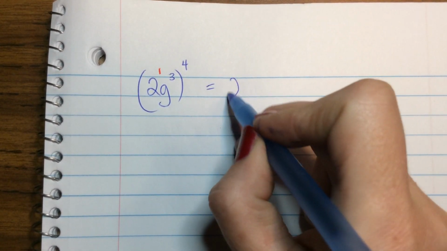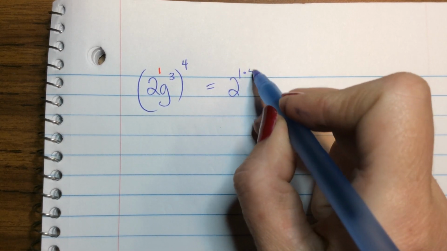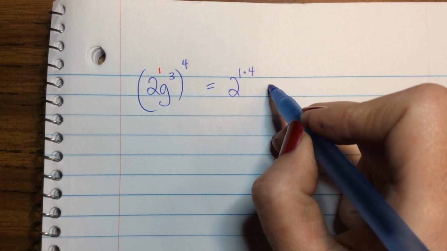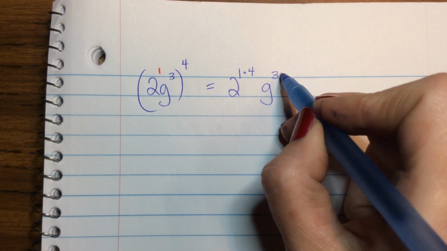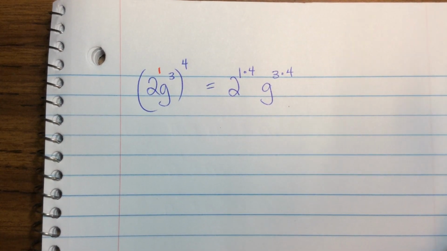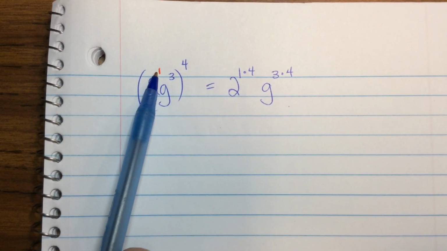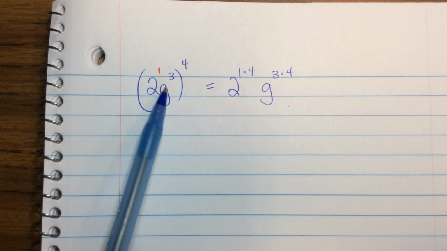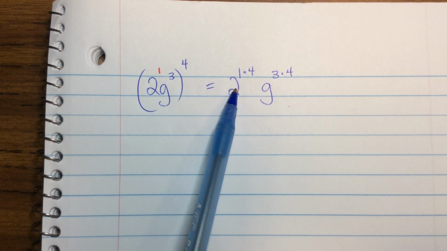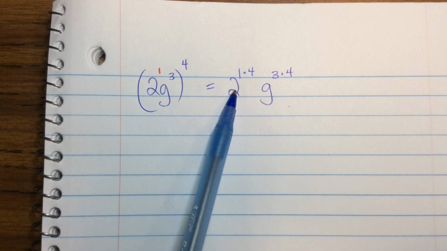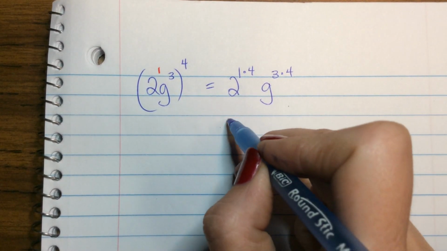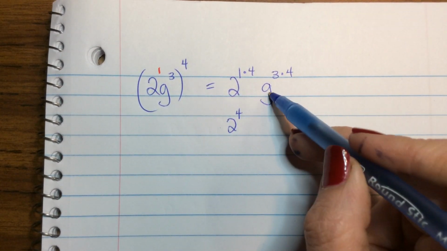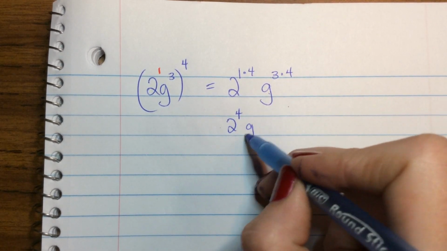So I'm going to keep the base, and then I'm going to have 1 times 4. And I'm going to keep the base, and then I'm going to have 3 times 4. Notice I'm taking 1 times 4, and I'm keeping the 2. I'm taking 3 times 4, and I'm keeping the g. So 2 to the 4th power, and g to the 12th power.